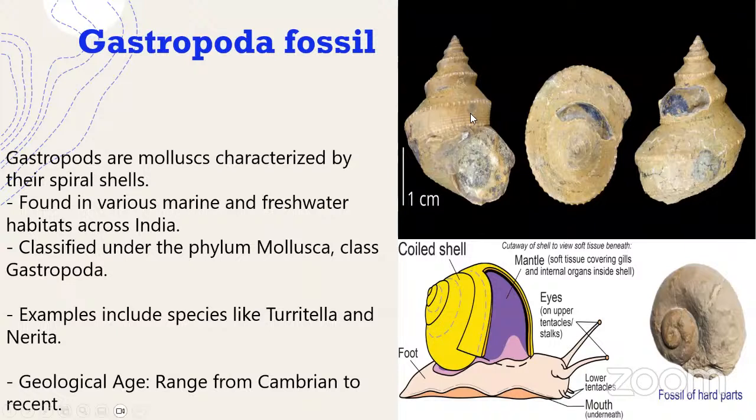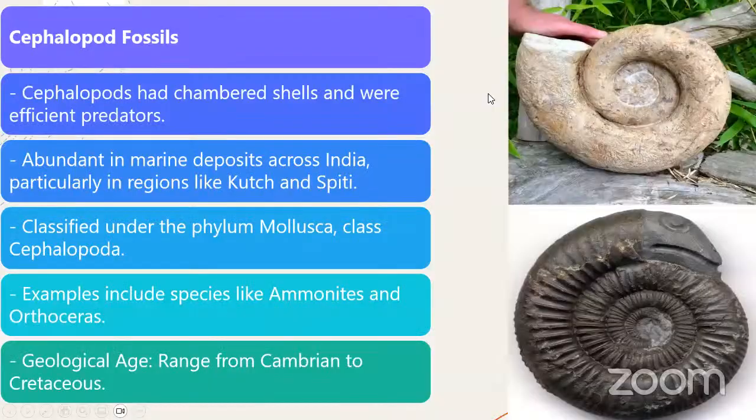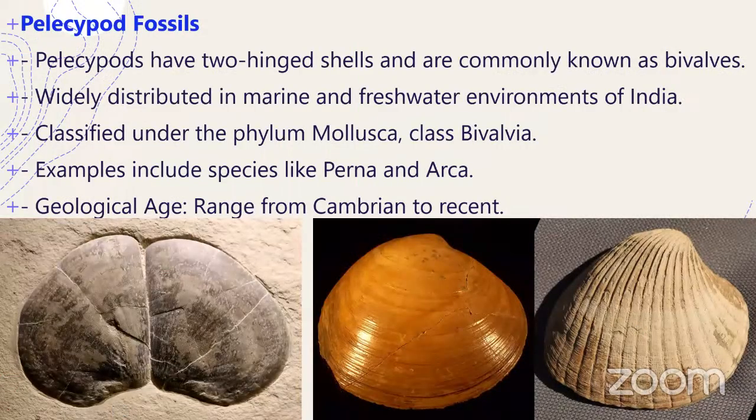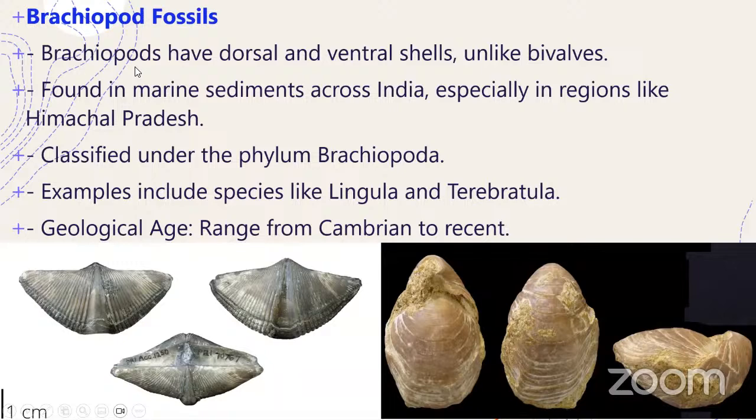Gastropod fossils, you try to remember with the spiral shells. And cephalopoda have a ring-like structure, and each fossil has its unique structure. Pelecypods have the hinge with the two bivalves. Brachiopoda fossils have dorsal and ventral shells, unlike bivalves.